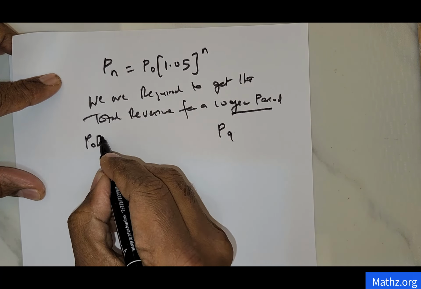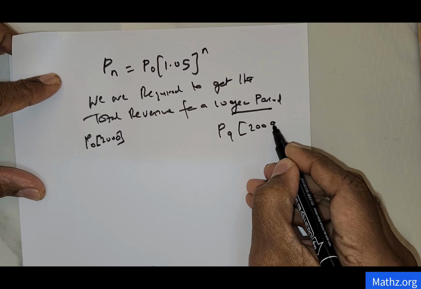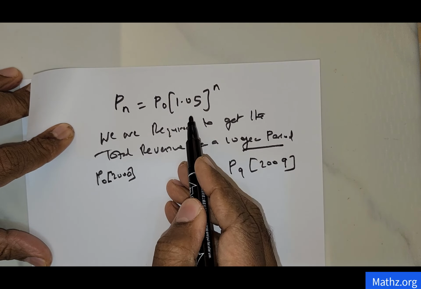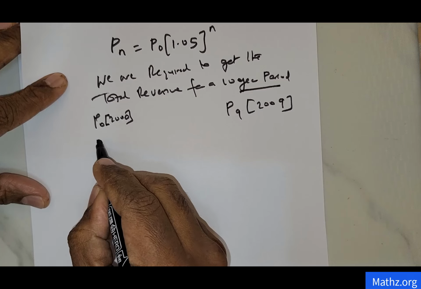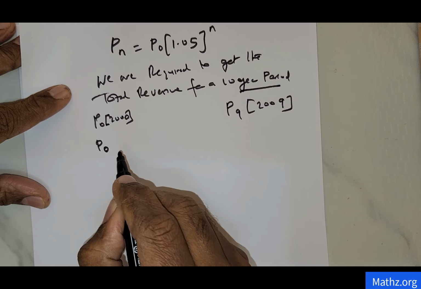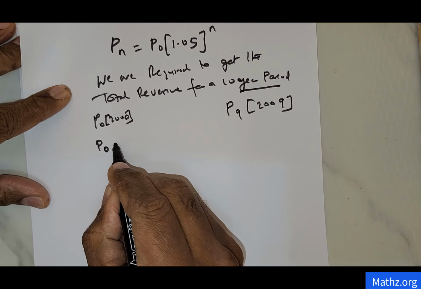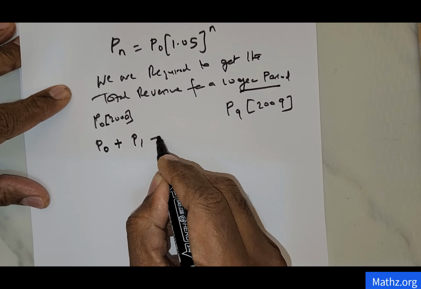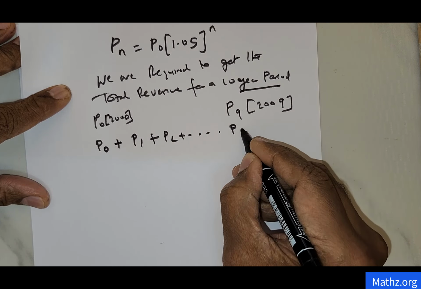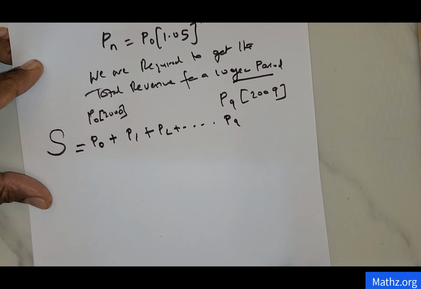So this is year 2000 and this is year 2009. Now we have found this. So from here we need to extract P0, and we need to extract P1, we need to extract P2 all the way up until P9. Now this is going to be my total revenue.